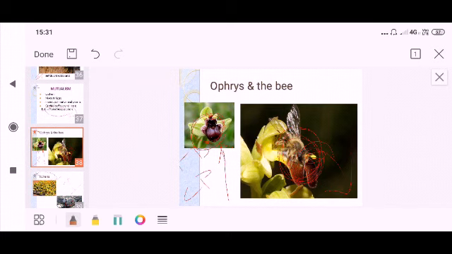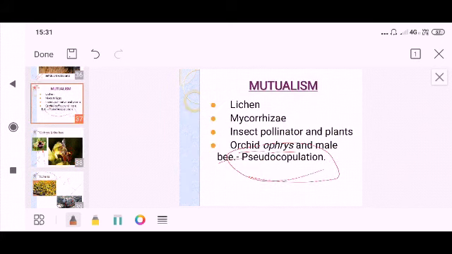Okay, so these are the various ways by which mutualism is playing a major role, in which both the partners are benefited. Then the term we use is what? Mutualism. Okay, so this orris as well as the male bee, co-evolution is taking place. So this is what for today's topic. Hope it's clear. Thank you.